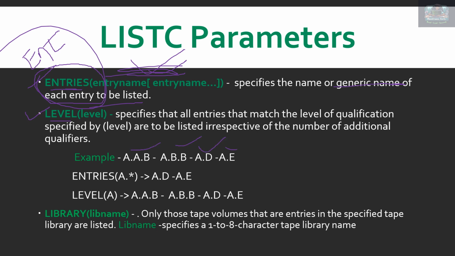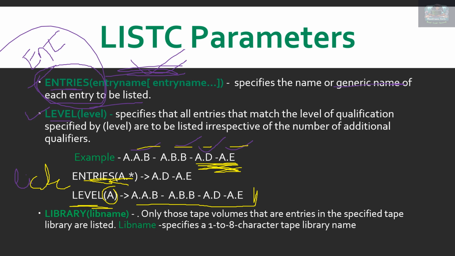If I give the command LISTCAT ENTRIES A.*, then it will display only the next qualifier, which means it will display only these two. But when it comes to LEVEL, it will take this as a high level qualifier, and it will display all the next levels of qualifiers here. So it will display all four.